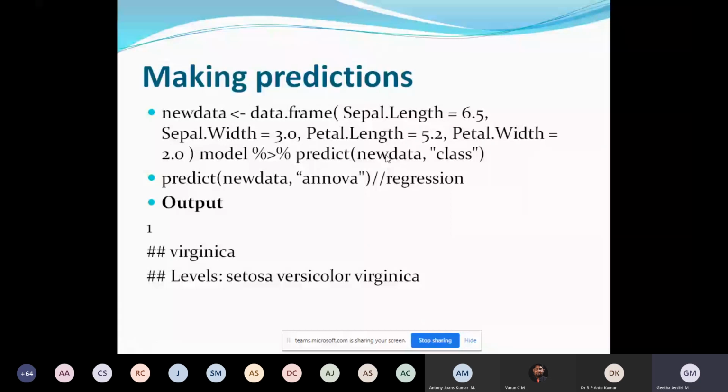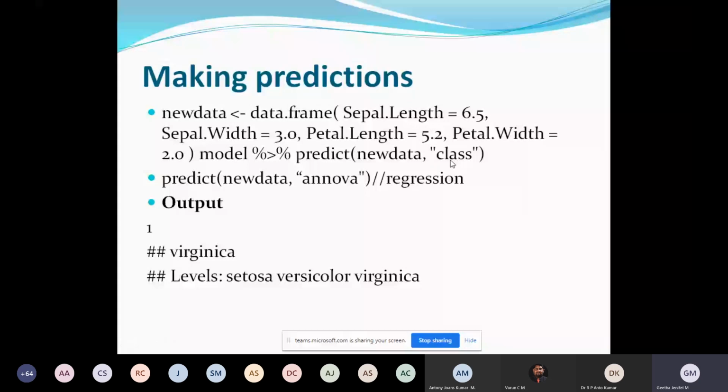Here the predict function has 2 arguments. One is the new data, that is the data frame, new data, comma. Second, you have to type the decision tree model type, either classification or regression.